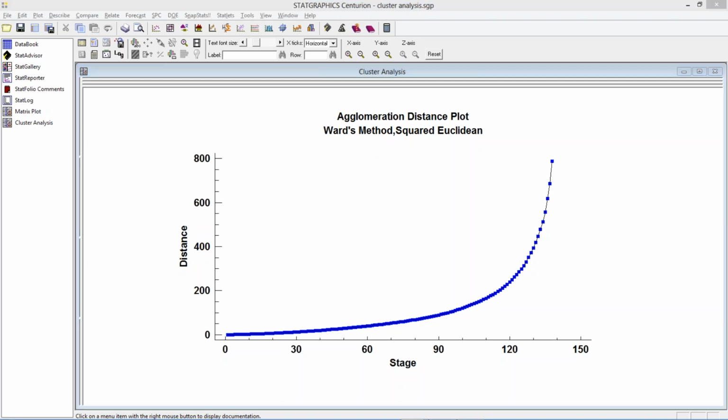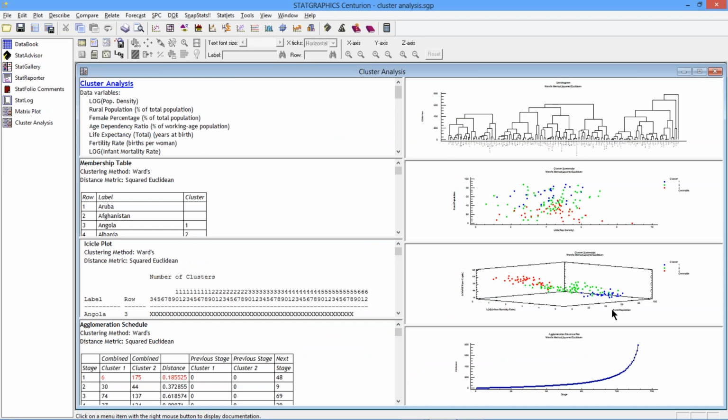Okay, and I'm quite satisfied in this case that 3 clusters is a pretty good number to look at.